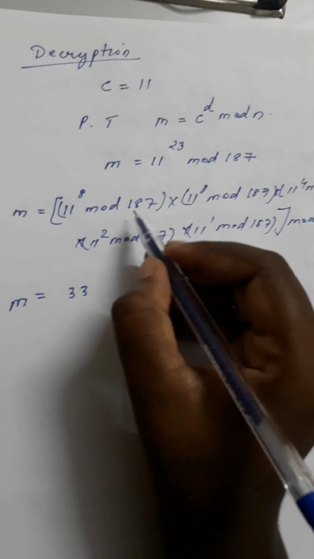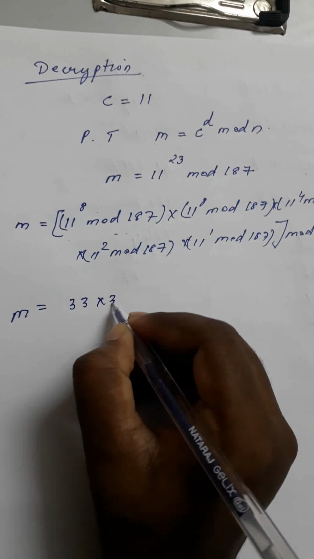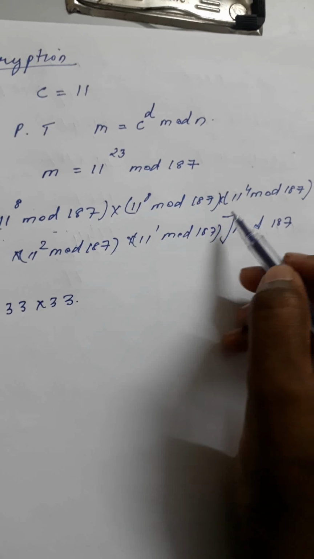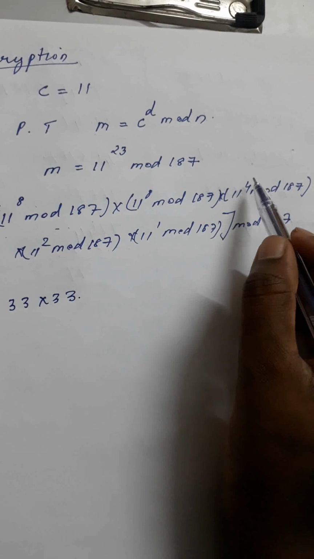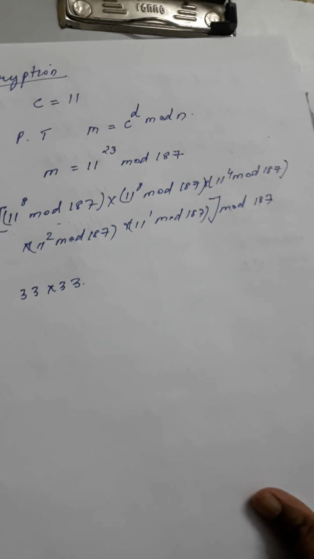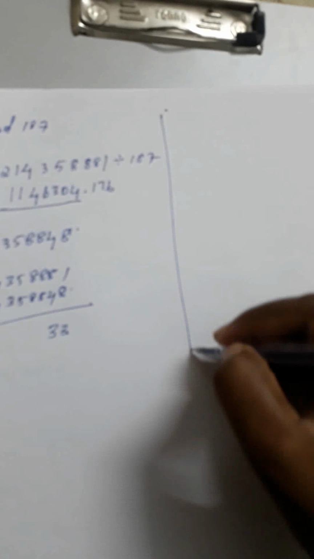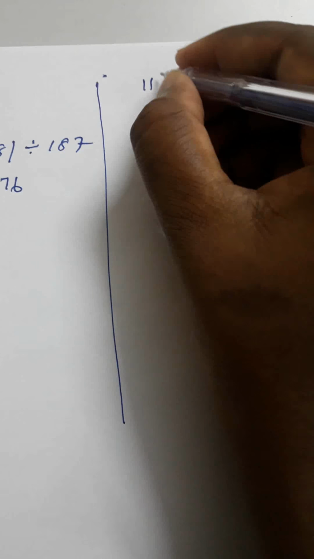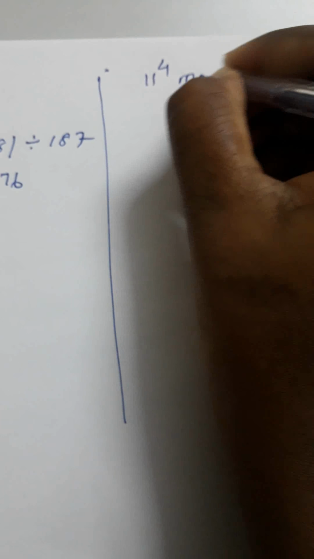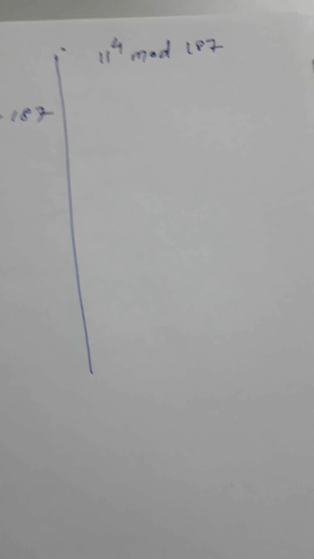Now we have two 11 power 8 available here. So 33 into 33. The next thing that we need to find is 11 power 4 mod 187.